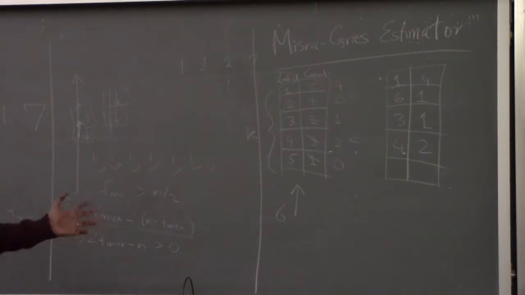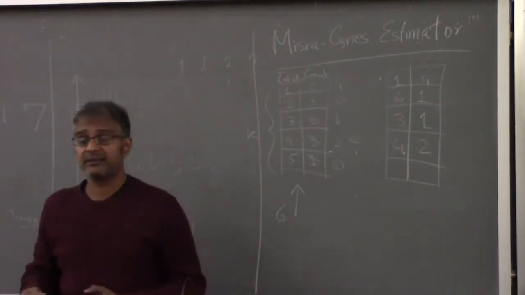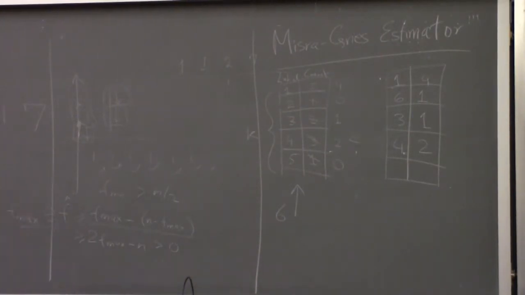At the end, I report the items in my set, the labels, and the frequencies. Okay? And what I'd like to do is understand how good these answers are. Any questions? Say again, what happened finally?